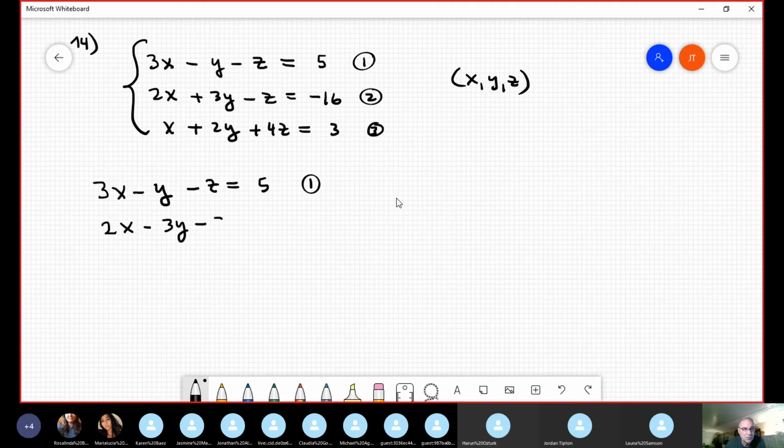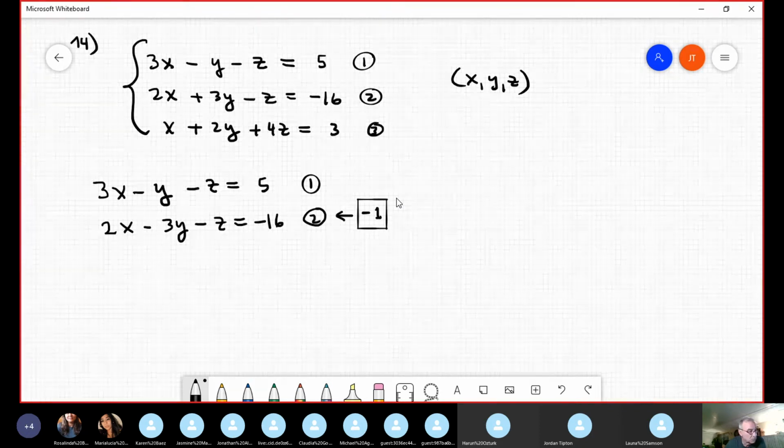Again, repetition. I realize that equation 1 and equation 2 are ready for elimination if you multiply by -1. This is the multiplier. Multiply by -1 the entire equation 2.